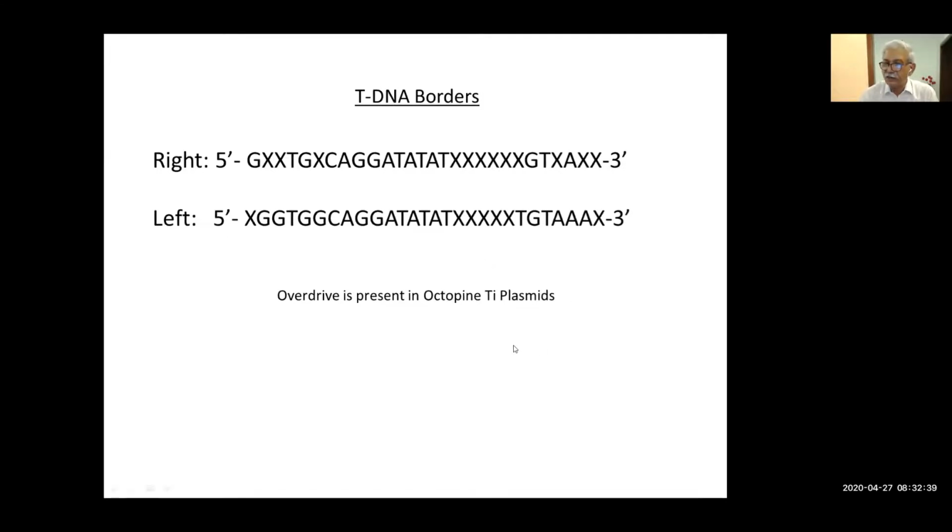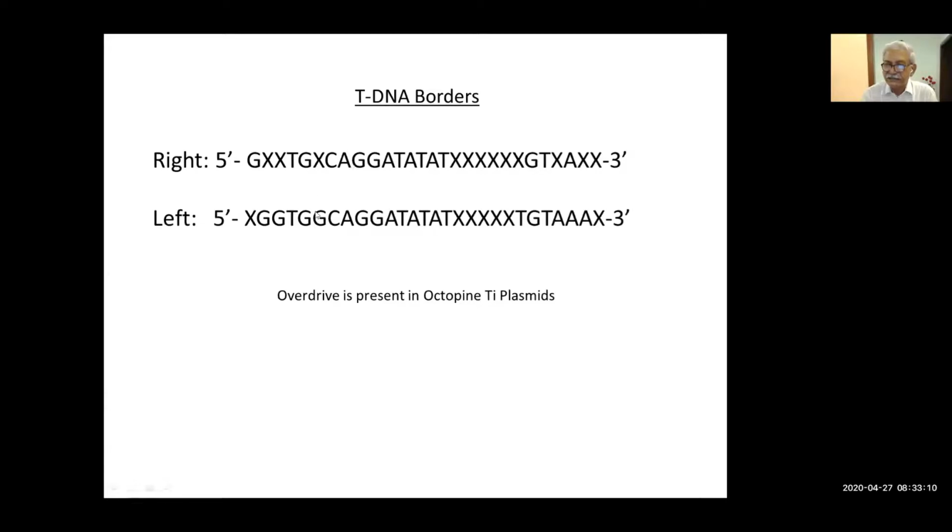Now we are talking about the direct repeats of the left border and right border at the boundaries of the tDNA. Okay. So if you look at the sequence comparison between the left border and right border, you see that there are some nucleotides which are identical in the two borders, like this region, starting from GA, GG, AT, AT, AT.